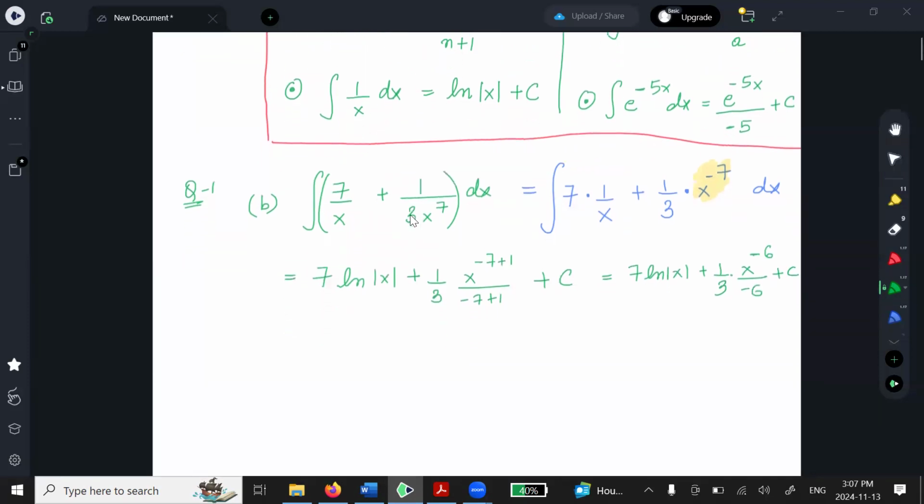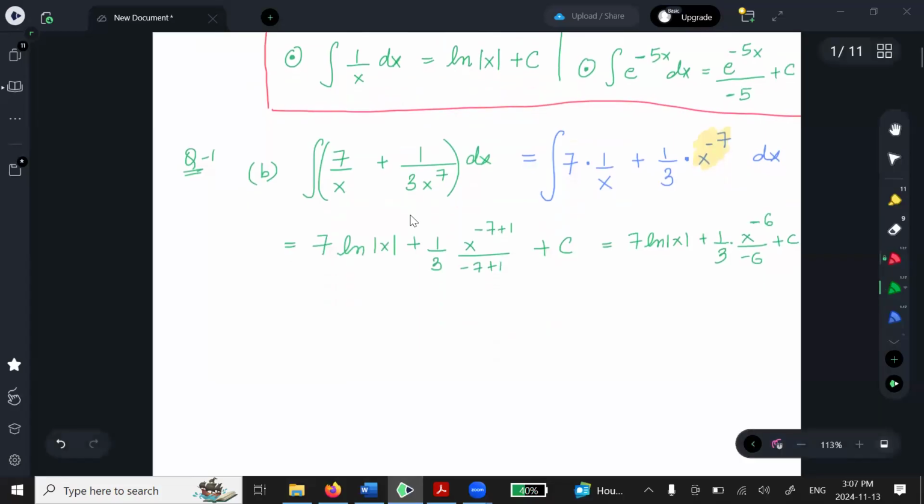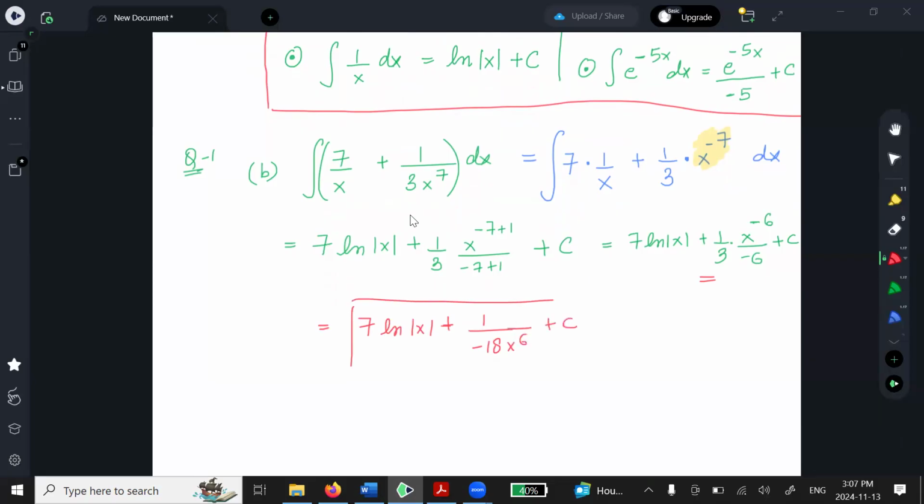Now, if you want to leave it here, it's perfectly fine with me. But if you want to simplify more, you could. You could make the power positive by moving it to the bottom. So I would have negative 18 and I would have x to the power 6. This is also correct. If you had time, do that. Otherwise, leave it here. They're both correct. Okay?